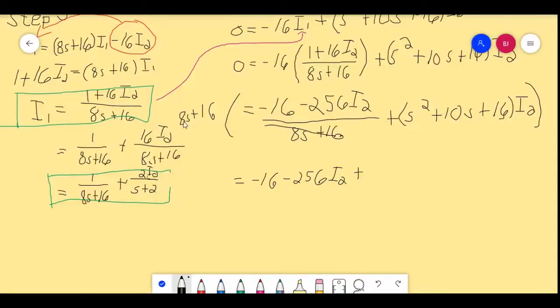Then we have to distribute this 8s times s squared. I'll also put I2 in there as well. 8s times s squared and I2 would be 8s cubed I2.